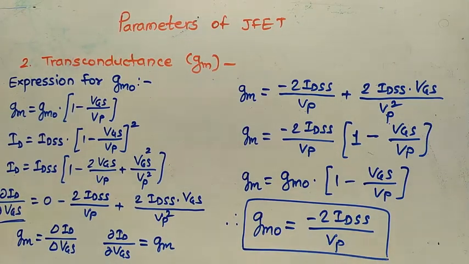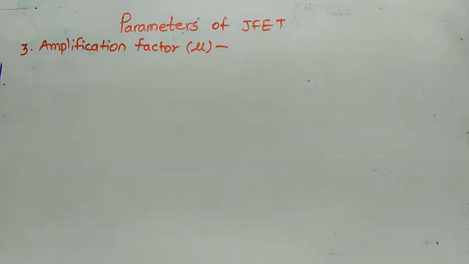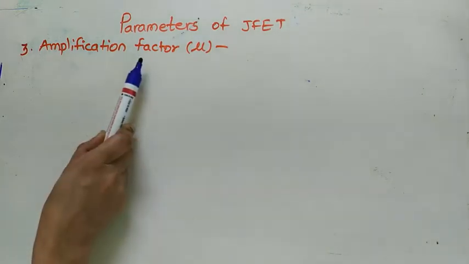Here GMO is nothing but transconductance at 0 gate source voltage. Now the next parameter is amplification factor mu.